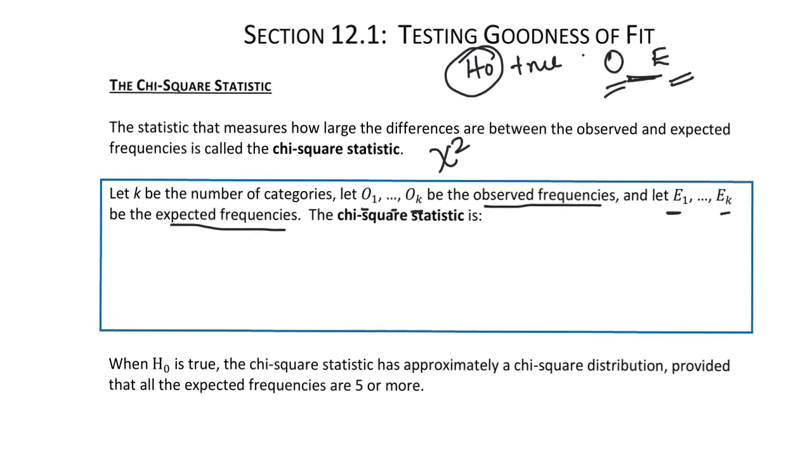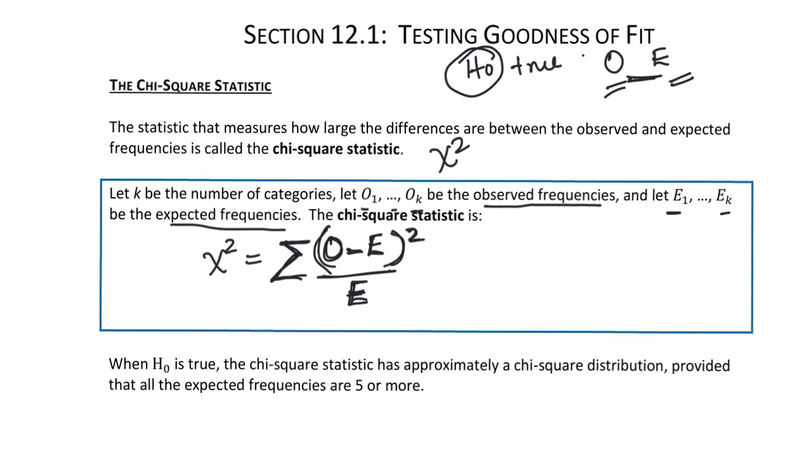Then the chi-square statistic is, we can write, chi-square equals sigma of the difference between observed and expected frequencies, squared, divided by E. That means find the difference between the observed and expected frequencies, square that, and divide by the expected frequency for each one, then add everything together.